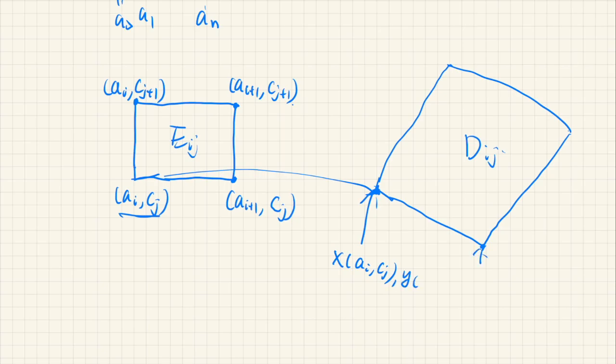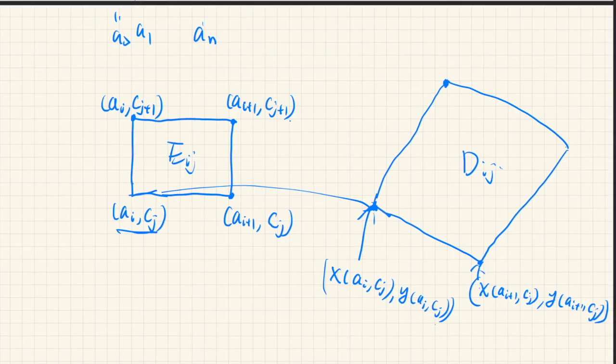X and Y at AI, CJ. At this point, we have x of AI plus 1, CJ, and y of AI plus 1, CJ.